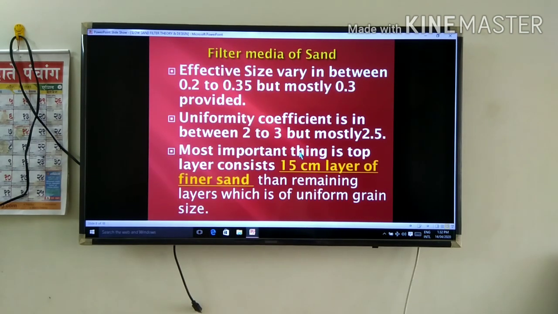Effective size varies between 0.2 to 0.35 but mostly 0.3 is provided. Uniformity coefficient is between 2 to 3 but mostly 2.5 we provide. The most important thing is the top layer consists of a 15 centimeter layer of finer sand, then the remaining layers are of uniform grain size.